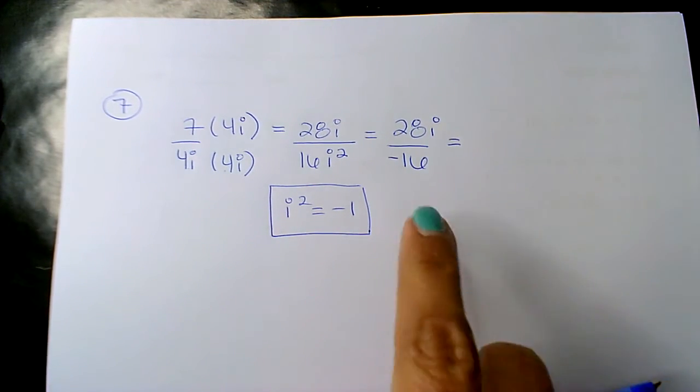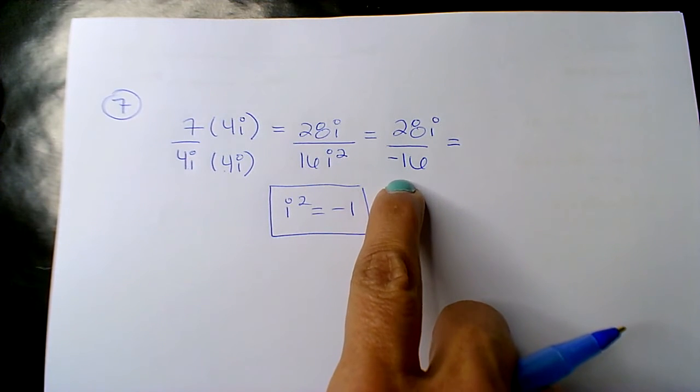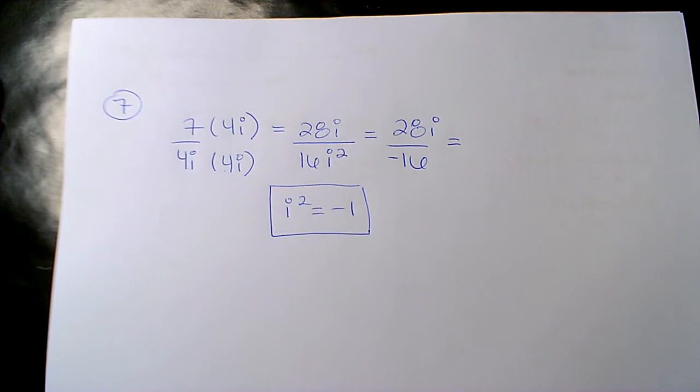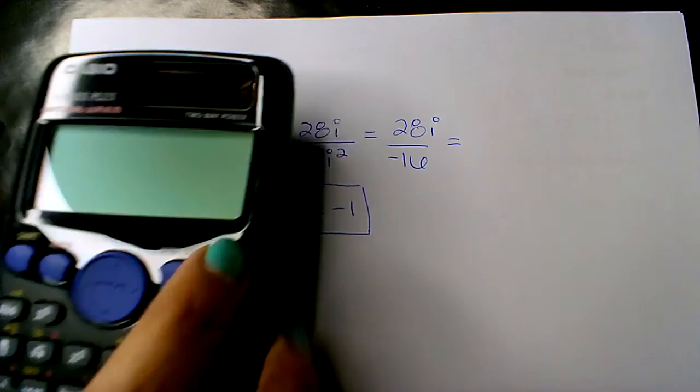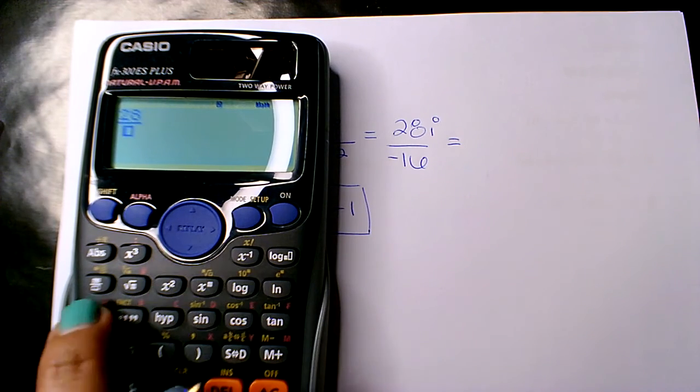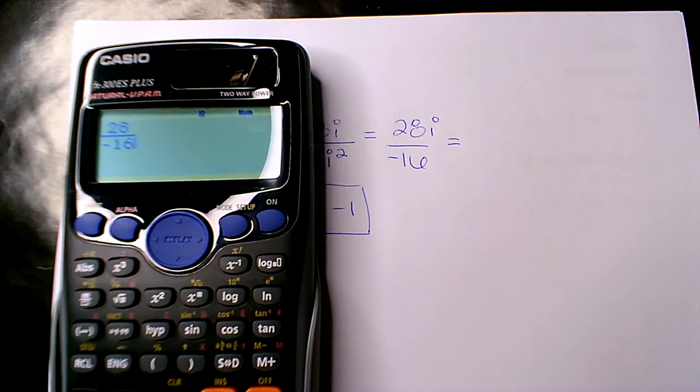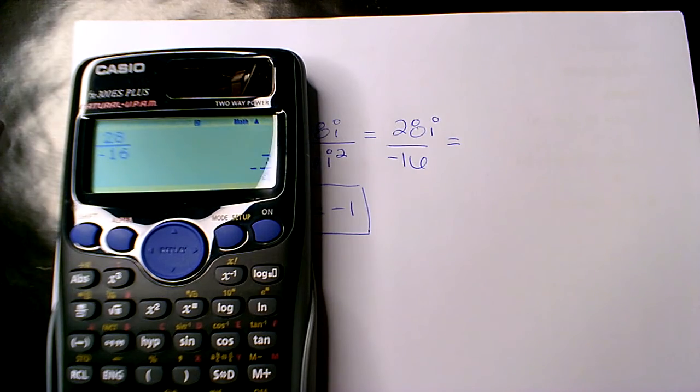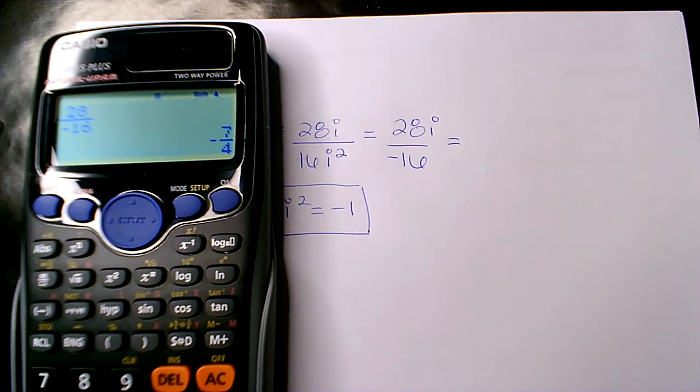And so now, you guys have access to calculators, or you can use your phone. You don't need those calculators. All right, 28 divided by -16 gives me -1.75.